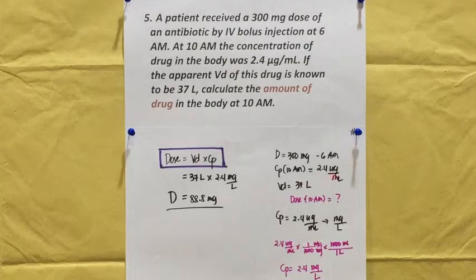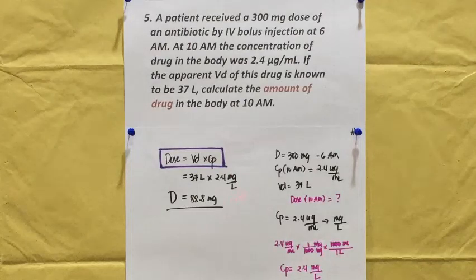Now, our Cp is in microgram per ml, and our dose is in milligram. So again, we are going to convert this one into milligrams per liter. So 2.4 micrograms per ml converted into milligrams per liter becomes 2.4 milligrams per liter. So this is the solution.